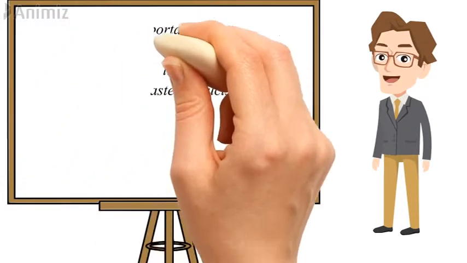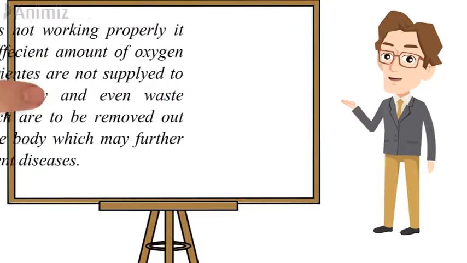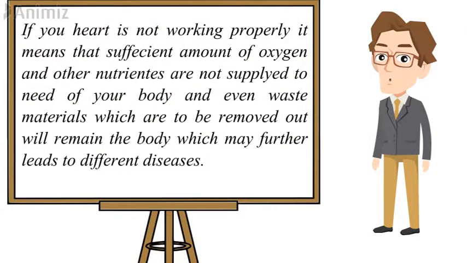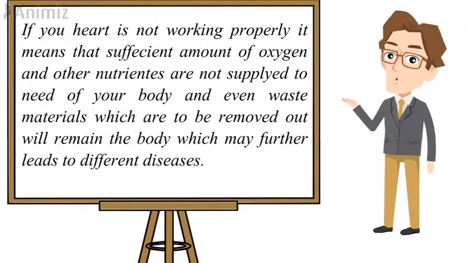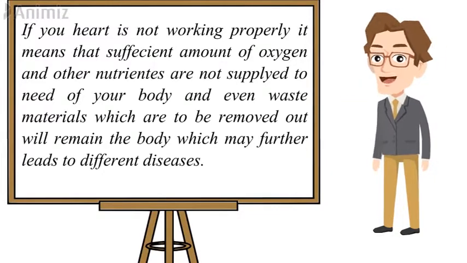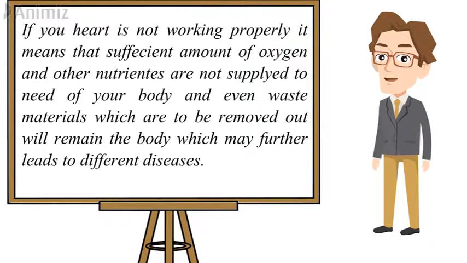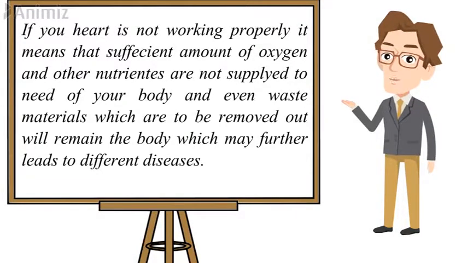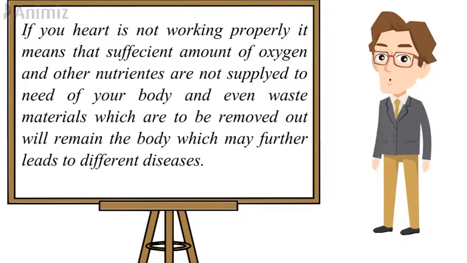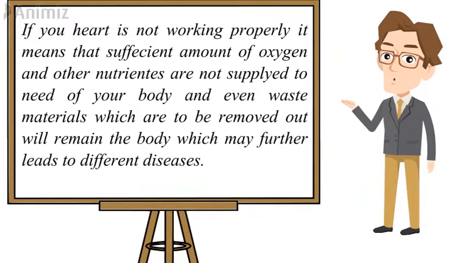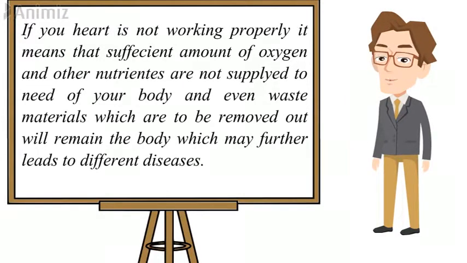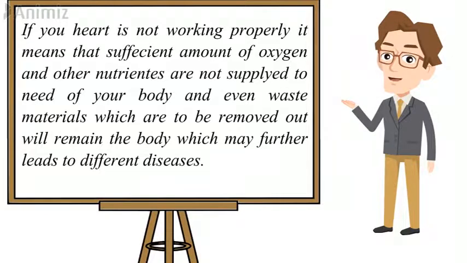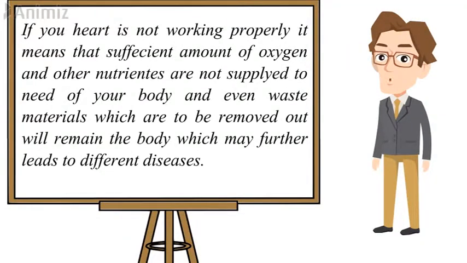Now if you think in a different way, if your heart is not working properly, or if your heart is suffering from any kind of disease, definitely the oxygen and nutrition which are needed by your body will not be supplied. Even the waste materials will not be removed, and ultimately you will develop different types of disease. That's why your heart is very important and it should pump now and then.